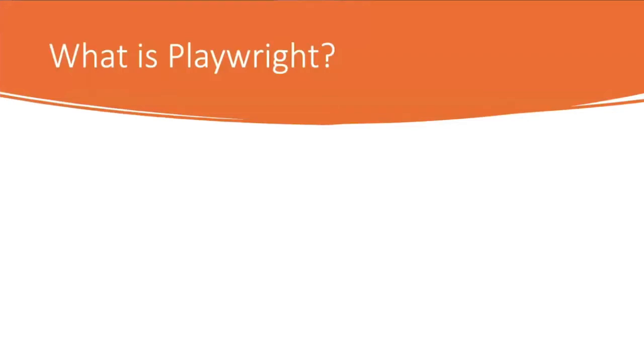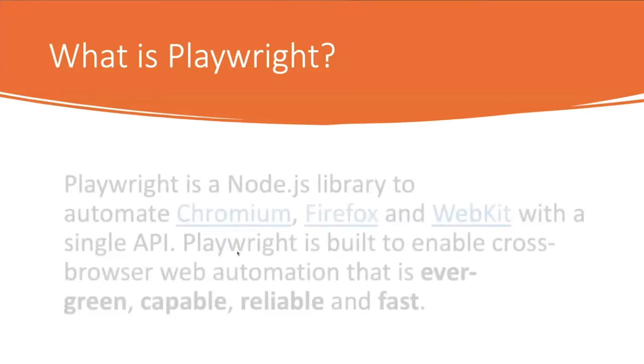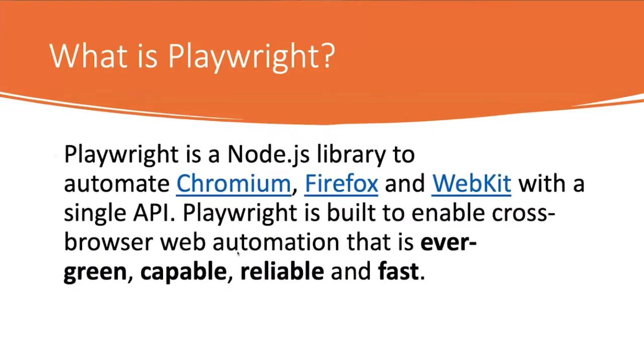Let's talk about Playwright. So first of all, what is Playwright? This is taken straight from their GitHub repo. It says Playwright is a Node.js library to automate Chromium, Firefox, and WebKit with a single API.